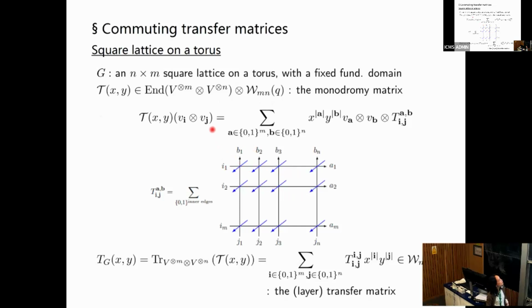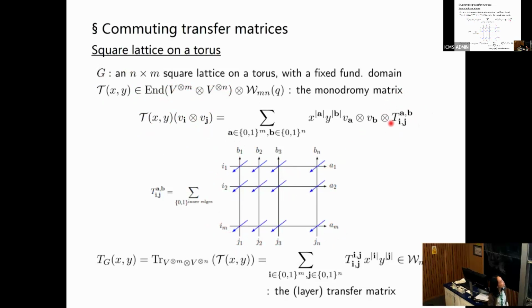Then this space lives here. So we have M in states and we have N in states. So in this direction and this direction. And by applying this T on this one, it means that this state is changed to A and B, and its amplitude is given by non-commutative variables.